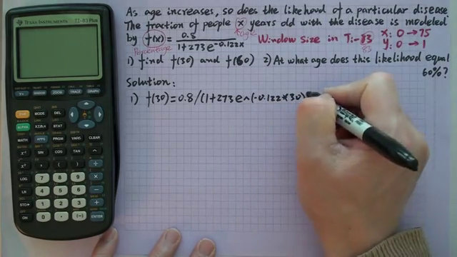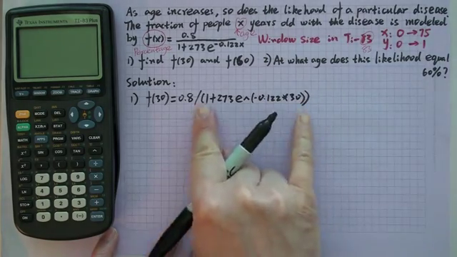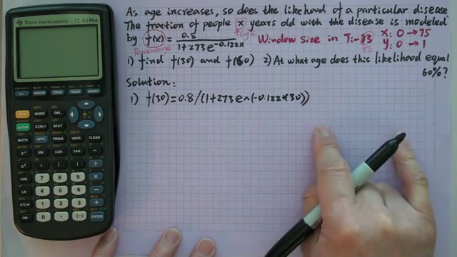This is for the exponent, so you need one more parenthesis for the denominator.